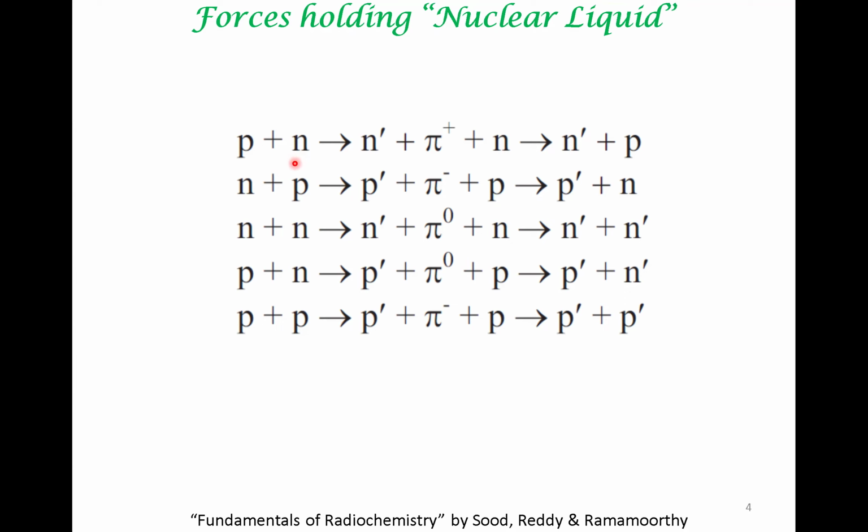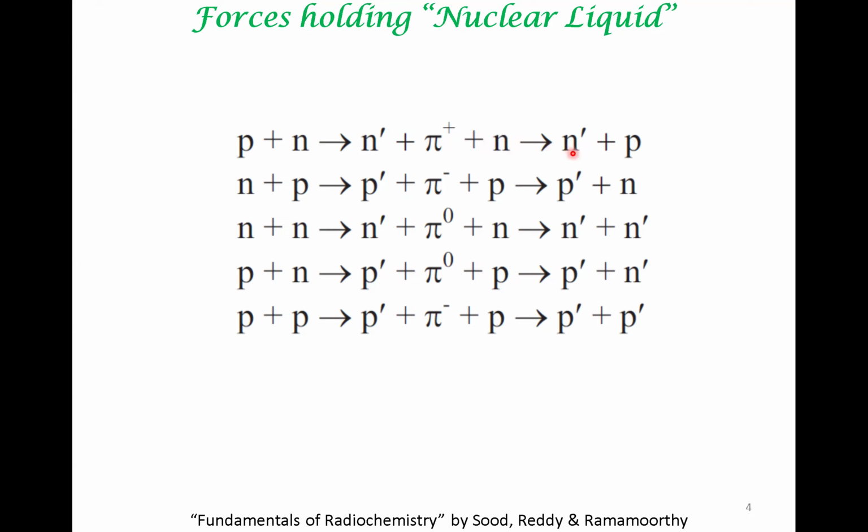So the strong nuclear forces do not differentiate between charges. That is, the strong nuclear forces are operational between proton and neutron, neutron and neutron, as well as proton and proton. Very qualitatively, there are certain particles that are exchanged between these nucleons that are interacting. For example, a proton may decompose into a pi plus meson, and then that may further react with the neutron to form something else.